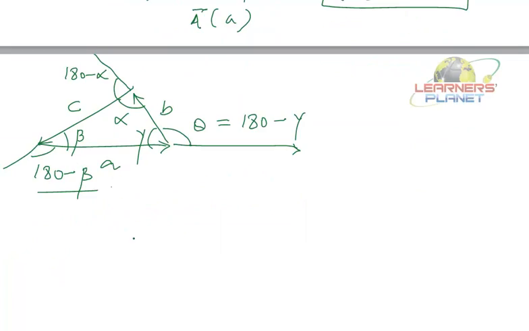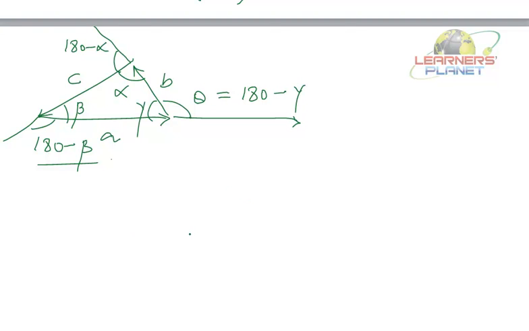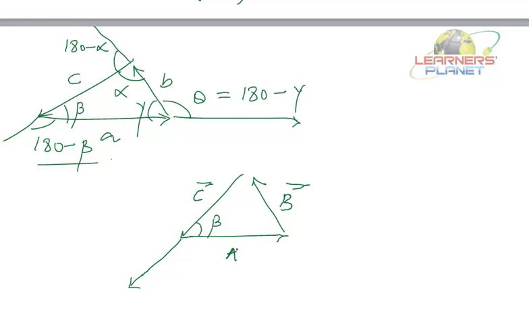Now in this particular question, we will take the two sides A and C and then we'll find out a relationship with the vector B. So this is vector B and this angle is beta, but the angle between vector C and vector A is not beta, it is 180 minus beta. So this we will keep in mind.